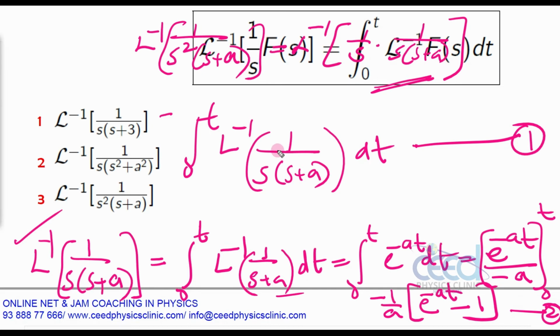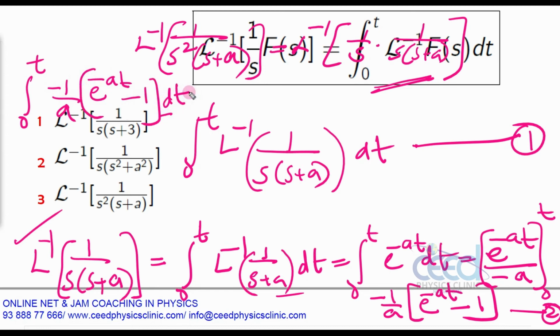So let me write this as integral 0 to t, integral 0 to t, here Laplace inverse of 1 by s into s plus a, that result I am going to substitute here, that is minus 1 by a into e raised to minus at minus 1, dt. So this will be the final result.